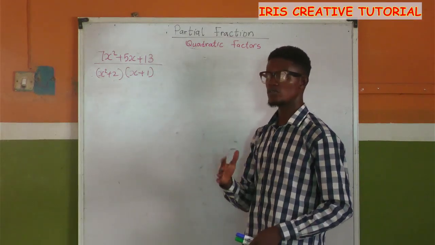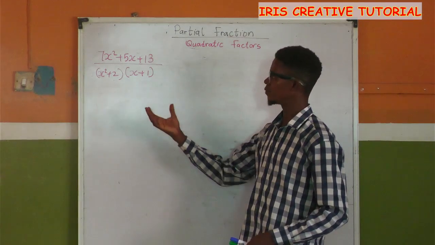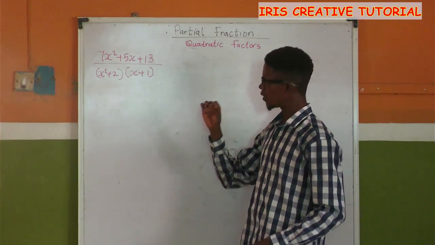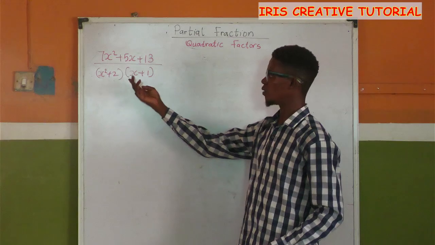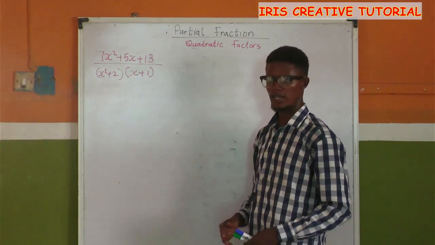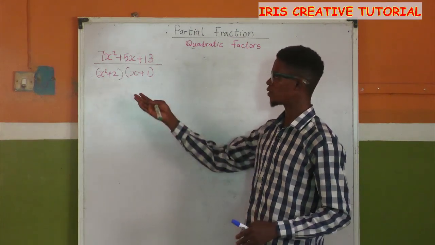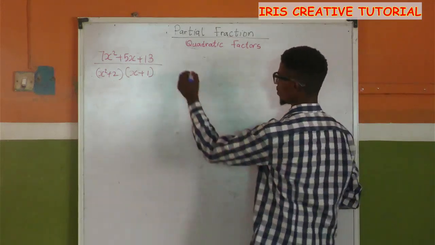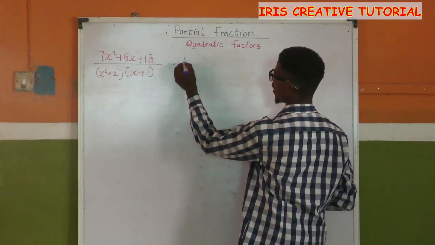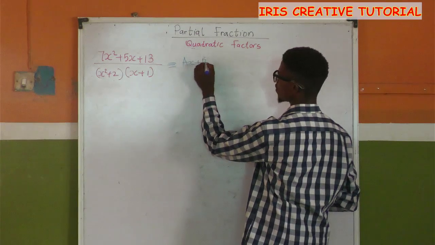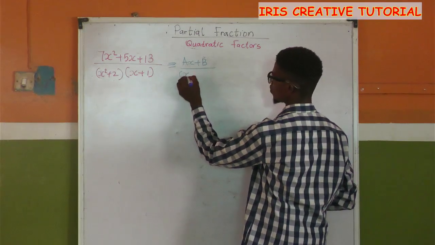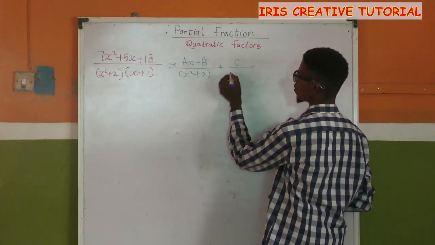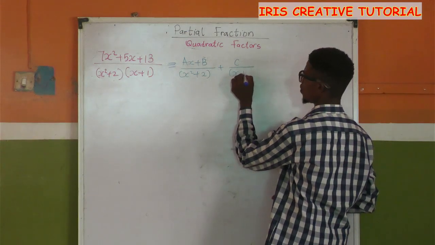So there is a way we write out the expression of the partial fraction. Now we have x squared plus 2 and x plus 1. The way we write out our expression for this kind of expression is going to be ax plus b over x squared plus 2, plus c over x plus 1.